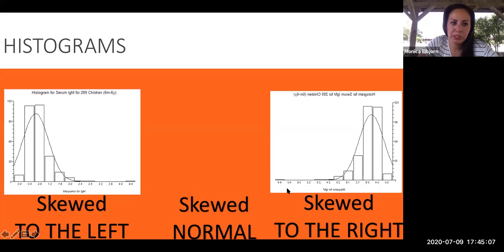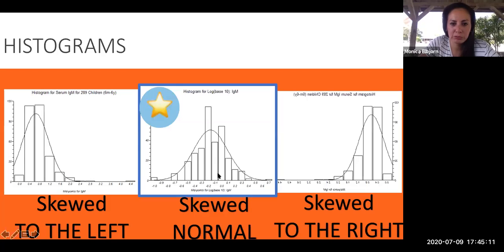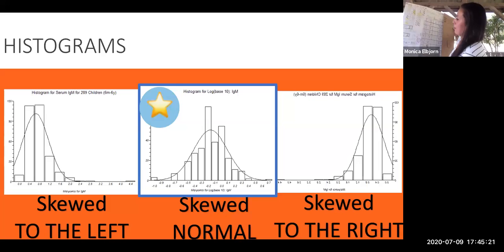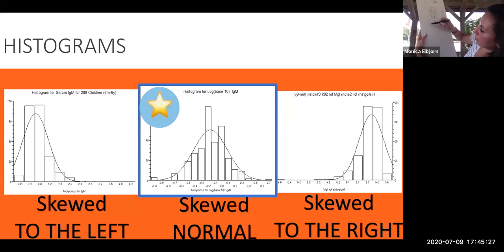But what we really want for statistics, in order to get the most information, is a normal distribution. Let me draw it, because I like to draw. I'm not very good at drawing, but I like it. So our normal distribution is like a pretty curve.